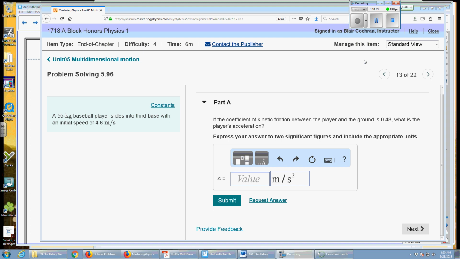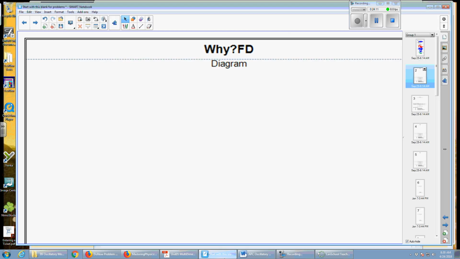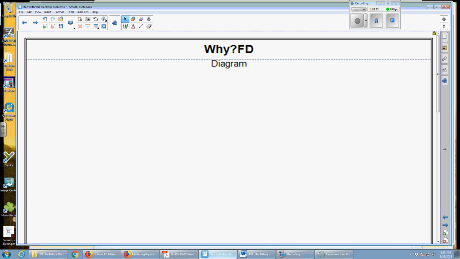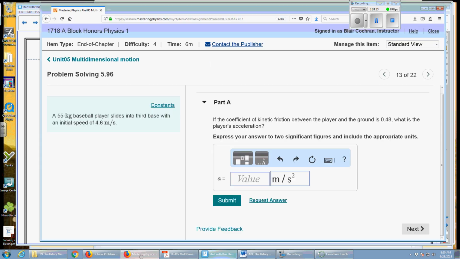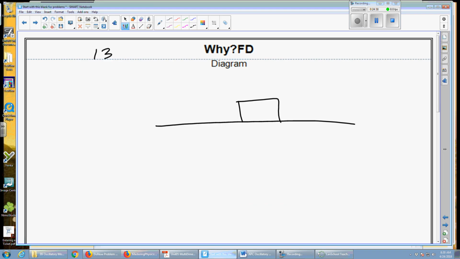All right, so this one involves forces, so a force diagram would be the best way to go for this one. So in our force diagram here, this is number 13, ground, baseball player. What base are they going into? Third. So we'll put the base over here.